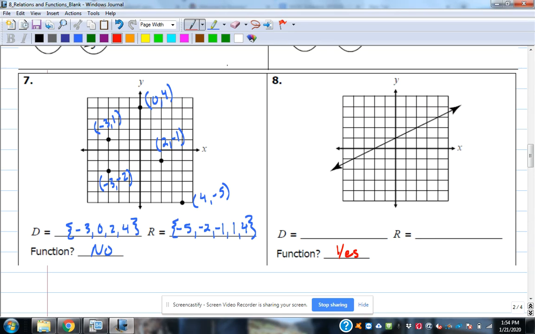But there are an infinite number of ordered pairs between those two. So that line represents all these ordered pairs. There's no way that we could list out all the ordered pairs that line represents for our domain and range. So we've got to use that interval notation that we learned when we were dealing with the inequalities.